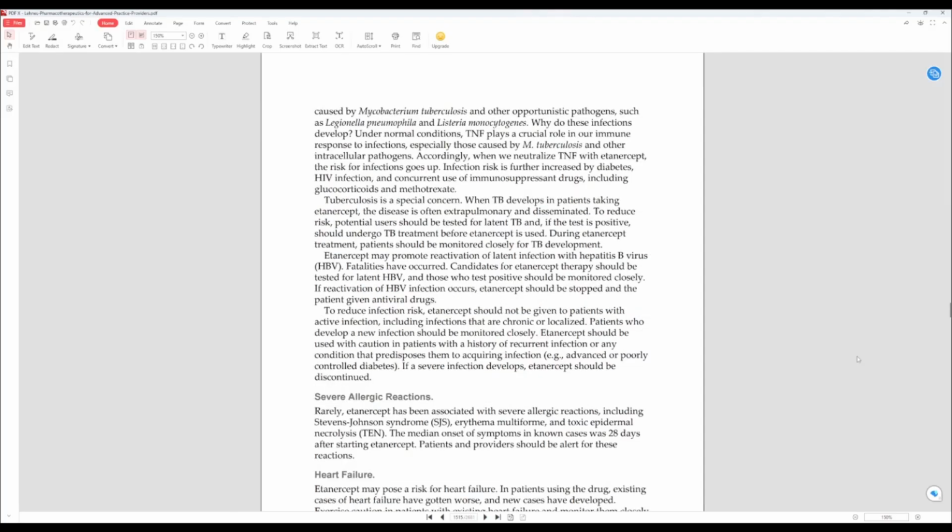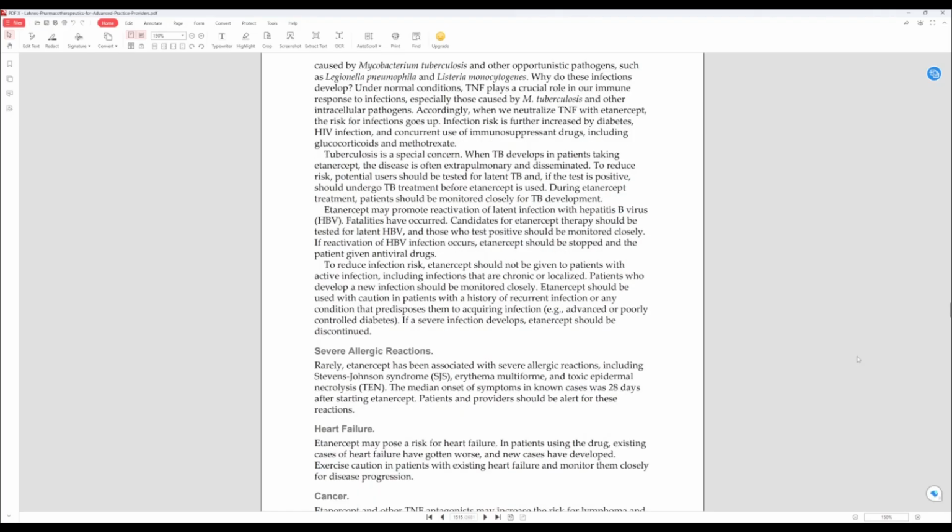TNF plays a crucial role in our immune response to infections, especially those caused by tuberculosis and other intracellular pathogens. Accordingly, when we neutralize TNF with etanercept, the risk for infection goes up. Infection risk is further increased by diabetes, HIV, and concurrent use of immunosuppressant drugs, including glucocorticoids and methotrexate.